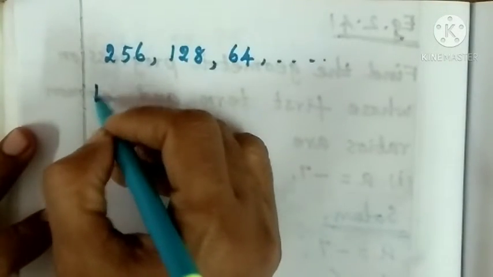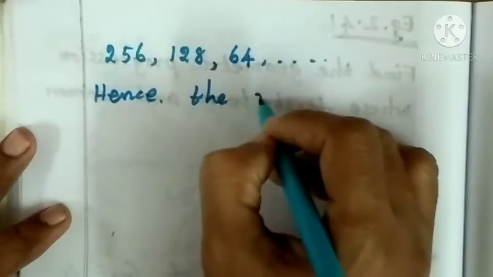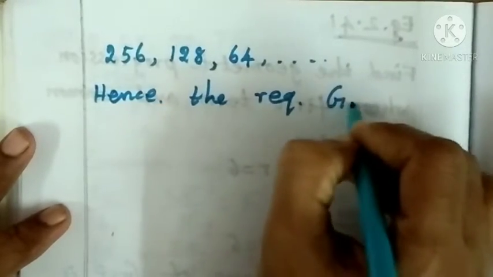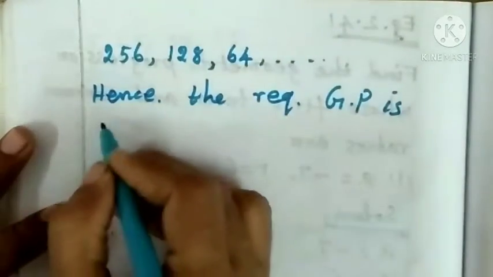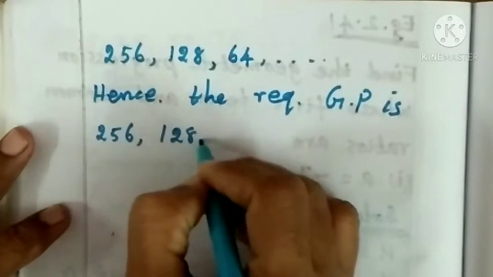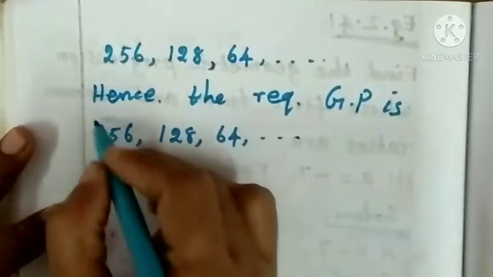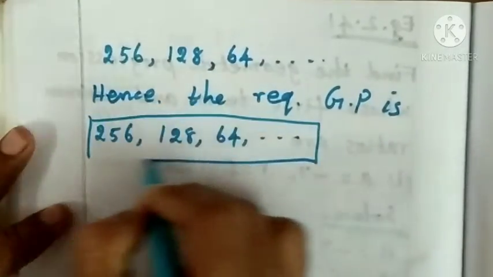Hence, the required GP is 256, 128, 64 and so on. This is the answer for this question.